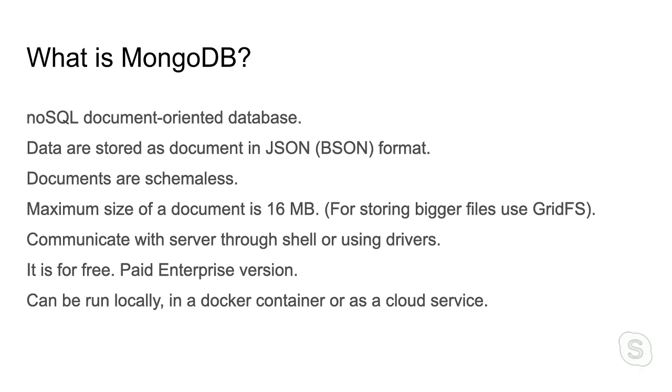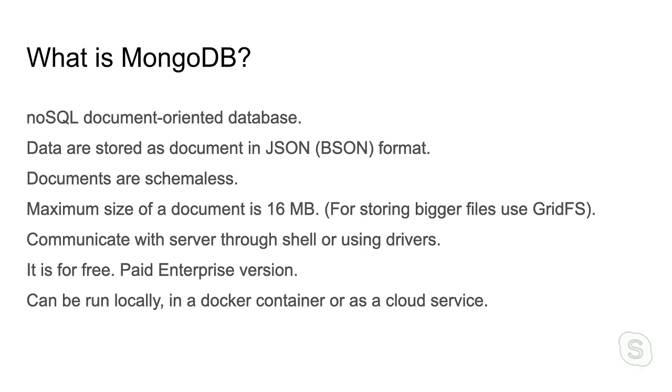There are some limitations: the document can be a maximum of 16 megabytes, but MongoDB has a solution for storing bigger files, even images and videos, called GridFS. Of course, you can communicate with the database server using the shell or some drivers, so you can connect to it from your application.